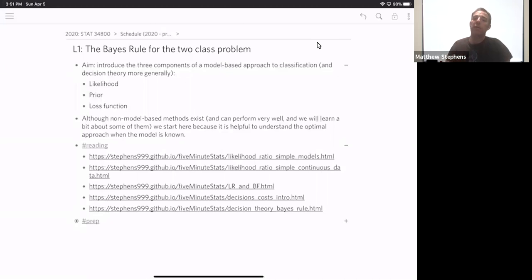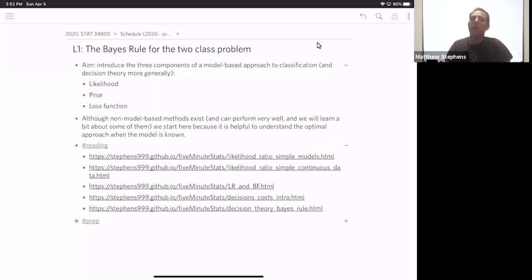We're going to think about making decisions by dividing the problem into essentially three parts: building a likelihood-based model for what might look like, in this case, spam versus ham, then incorporating prior information about what proportion of emails are spam versus ham, and then also incorporating a loss function that captures how much you care about making different types of mistakes.